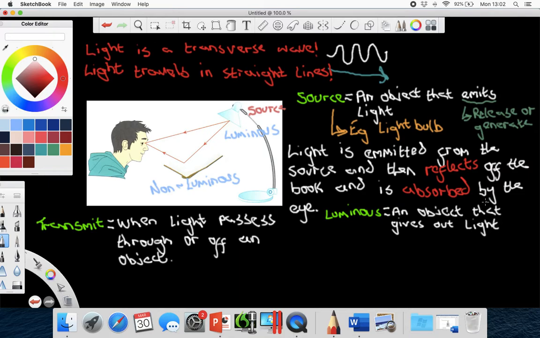So a luminous object is an object that gives out light. And again, we can put underneath here, e.g., the light bulb. It could also be, for example, the sun.